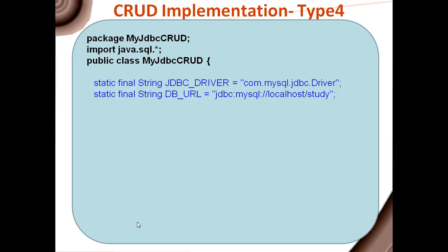Then we are importing java.sql, which is part of the connector that you have downloaded and kept at a particular location. When you create a simple Java project in NetBeans, as part of the library dependencies you should point it to the location where you have kept the connector jar file, as part of the prerequisite.